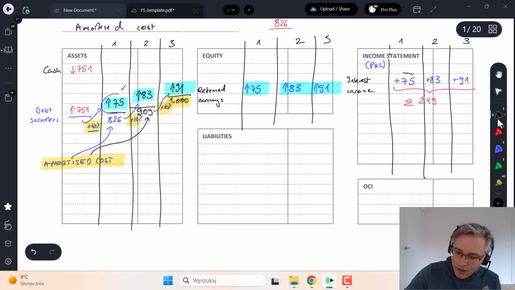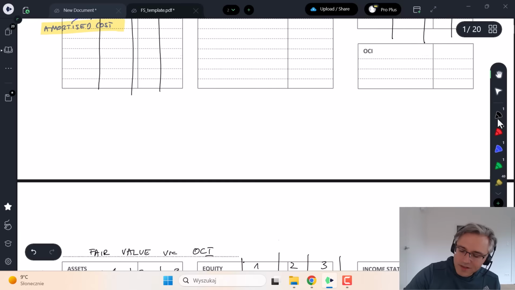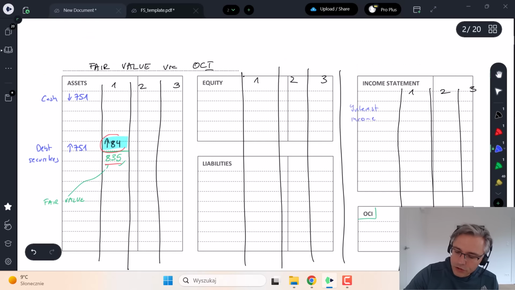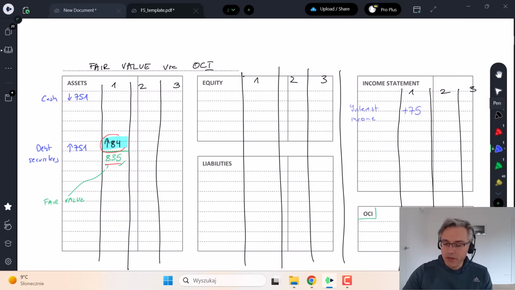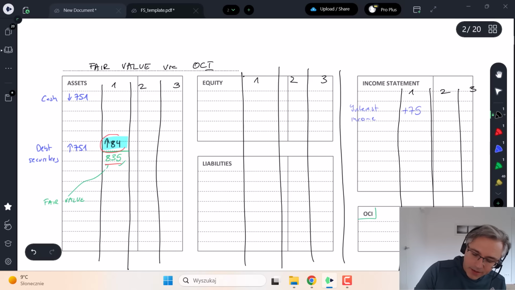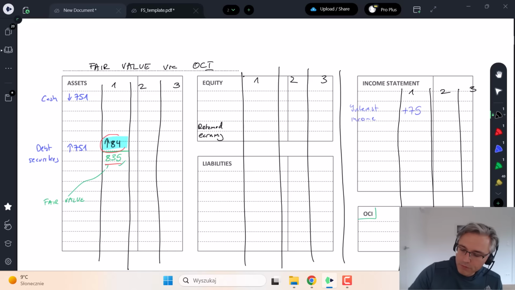So in year one, we would still report 75 of interest income, just like under the other approach. And because it goes via P&L, it would impact our company's retained earnings. Everything that passes through P&L impacts equity via retained earnings.